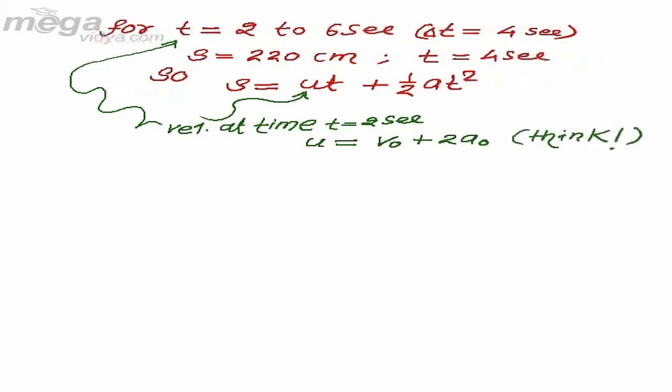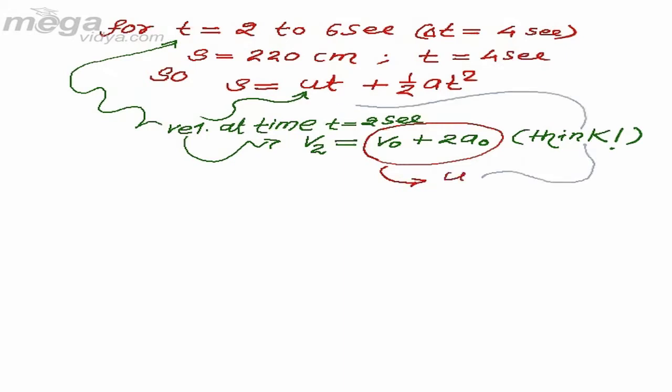Remember, v naught is the velocity at t equal to 0, and a naught is the acceleration which is constant. So at any time the velocity of the particle, say v2, we will find using this equation. Now we have to use this velocity as u in this equation.